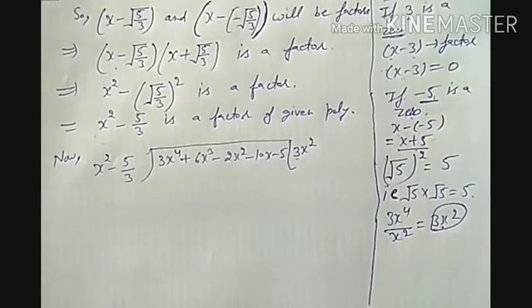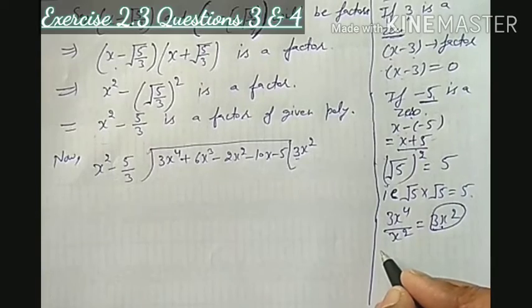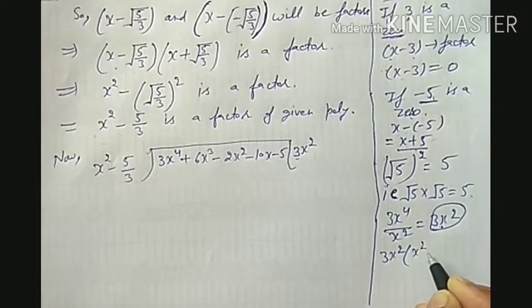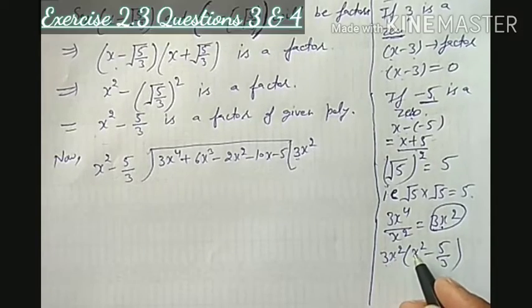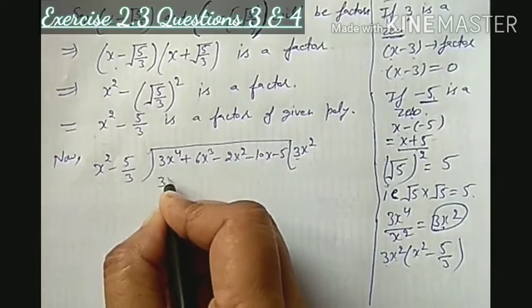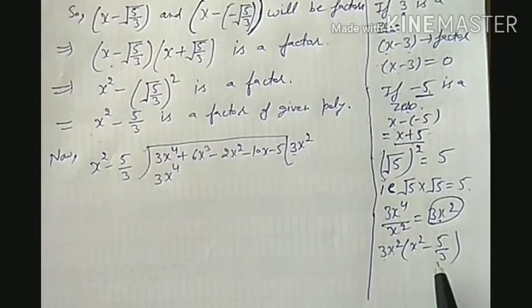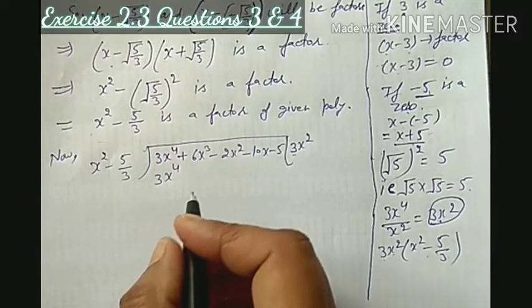Now we will multiply this term to the divisor, x square minus 5/3. 3x square multiply x square, we get 3x power 4, negative 3 से 3 कट जाएगा 5x square.